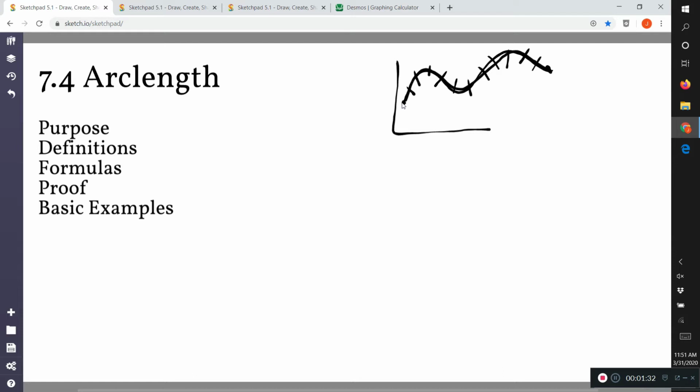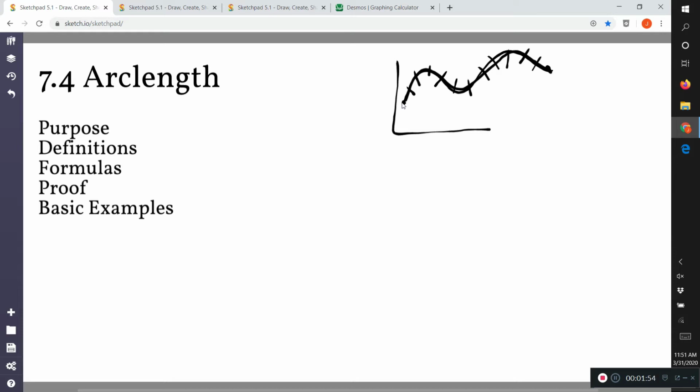And as you get a more accurate estimate, you would have smaller and smaller segments. We've gone through this kind of logic before. As they get smaller and smaller, our estimate becomes more and more accurate, and as they get infinitely small, our measurement gets infinitely accurate. And to do that, we use an integral.